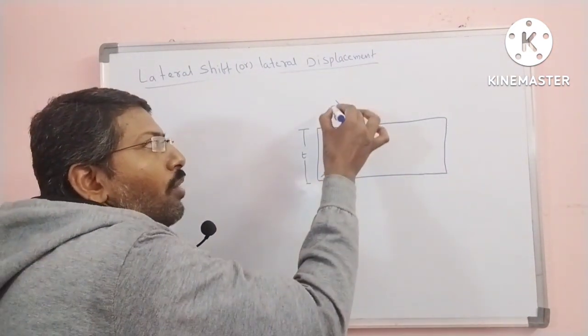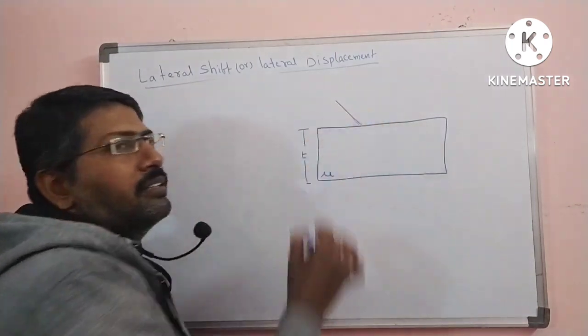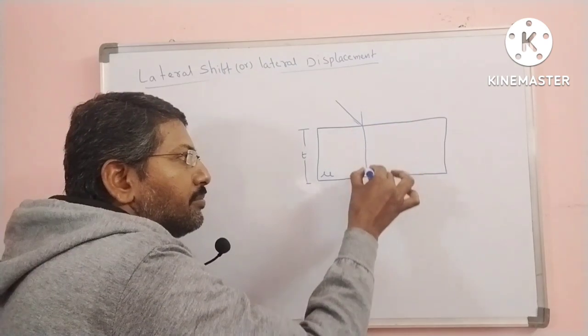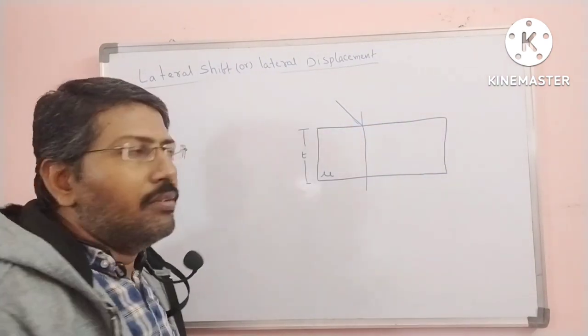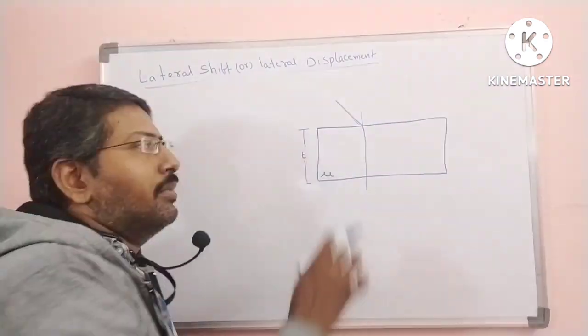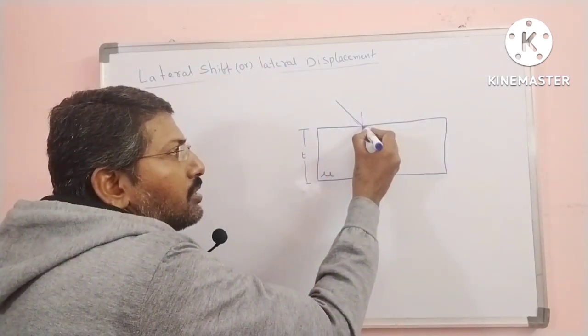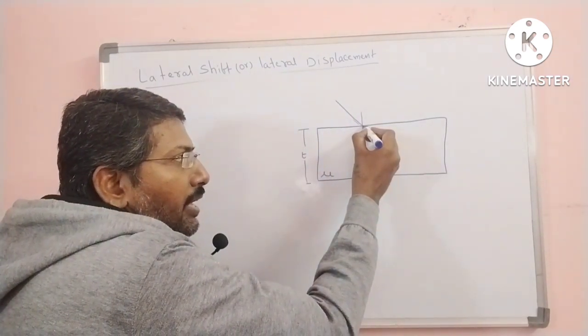So I draw one line like this. This is the normal. When a light ray travels from the rarer medium to the denser medium, it bends towards the normal and travels like this.